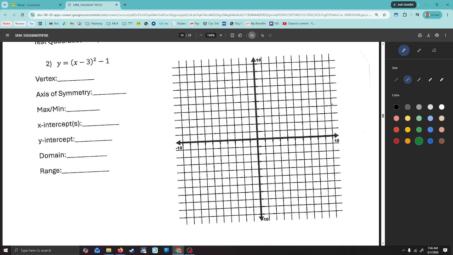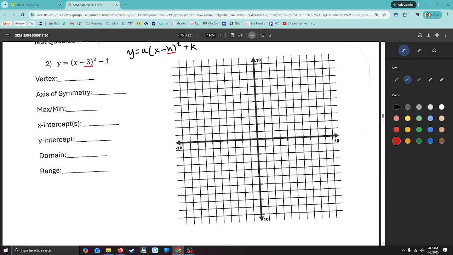Number 2, this is written in vertex form. In vertex form, it's written like this: y equals a(x minus h) squared plus k. Lucky for me, in vertex form, the vertex is really easy to figure out. h is technically the number here, but because it's minus in this part of the equation, you have to flip it.